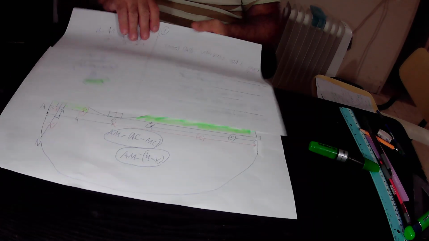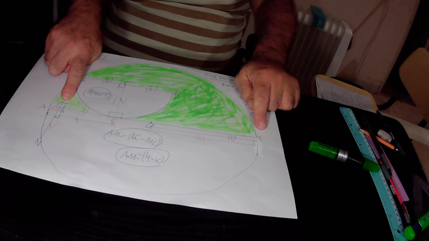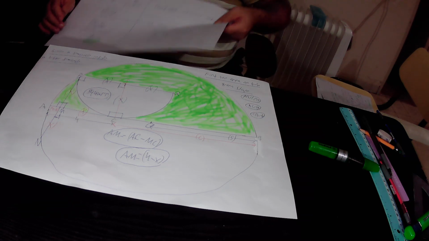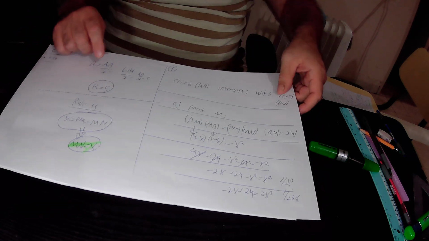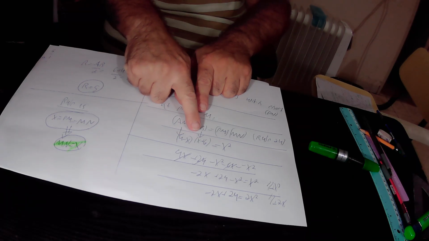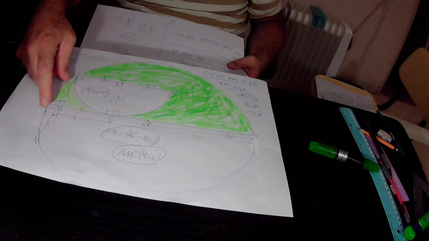We already found out that AM equals 4 minus x, and MB in total equals x plus 6, and it equals PM, that is x, times MN, that is x.